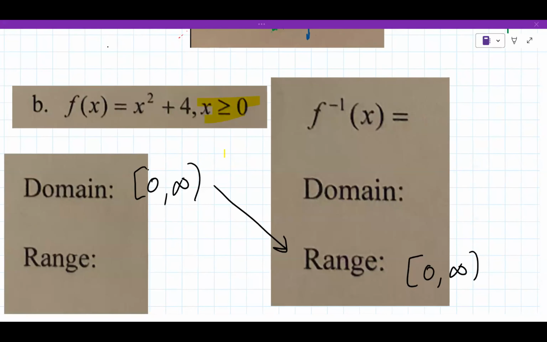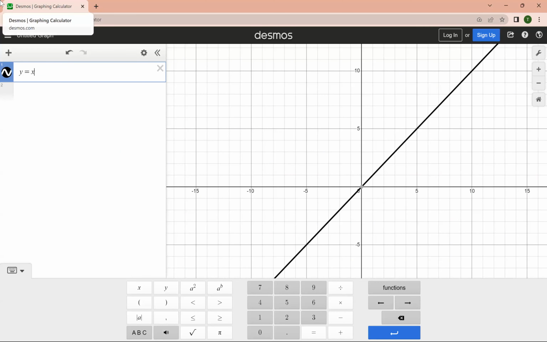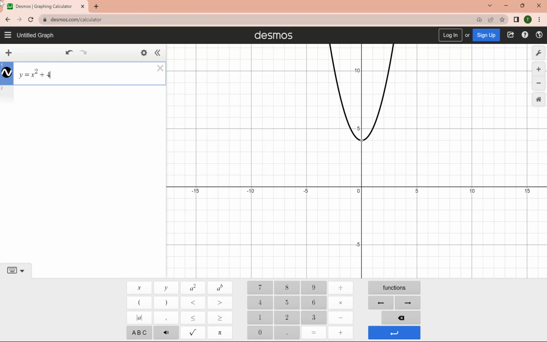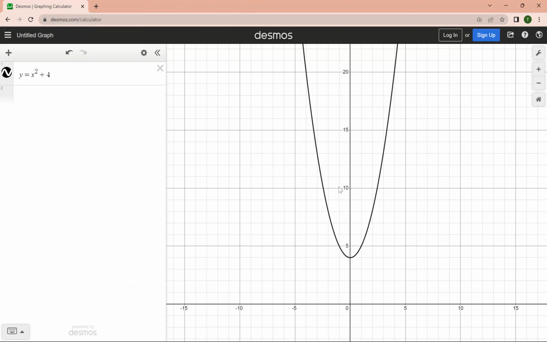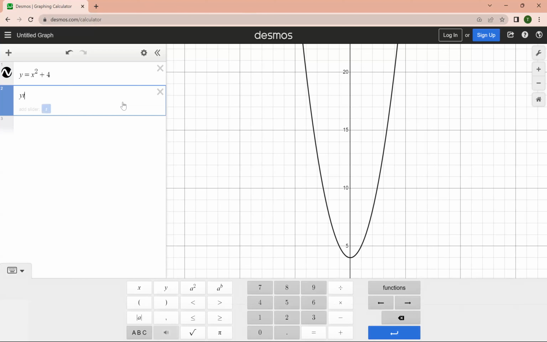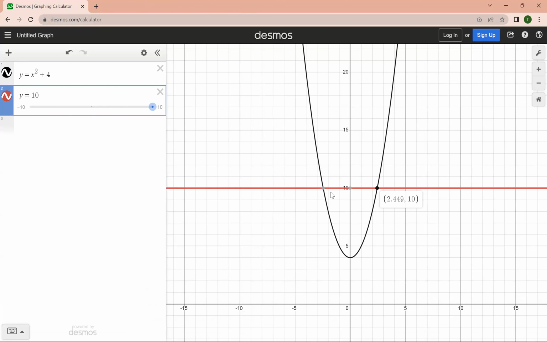So if I graph y equals x squared plus 4, this is a parabola. You've seen this a bunch. Now, if I graph a line like y equals 10, how many times does this horizontal line hit the graph? Twice. So this does not pass what's called the horizontal line test.